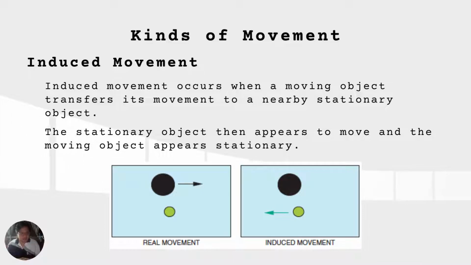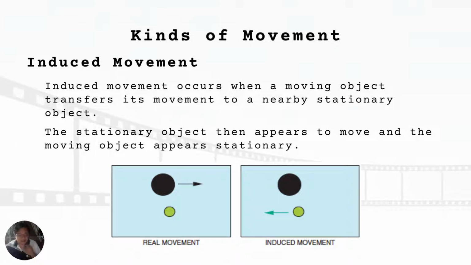So you think you're moving, but then again, you're not really moving, you're stationary, but your reference is the one actually moving. You're not really moving backward, but the movement of the bus induces a sense of movement in your car.